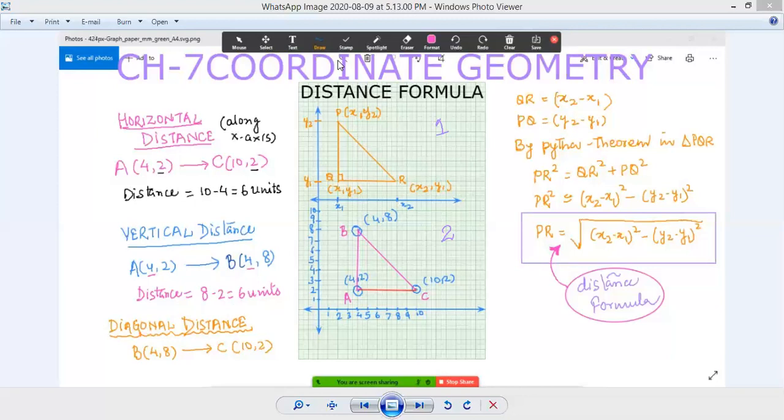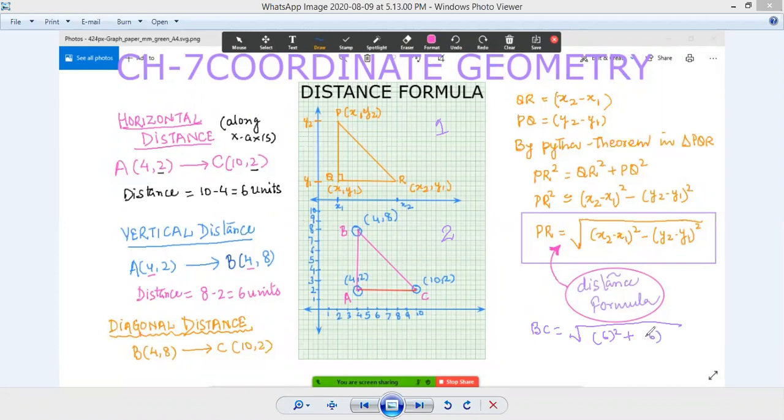Getting, children? So now we are able to calculate this distance BC by using the formula that you have derived, that is x2 minus x1 is 6 unit, so this is 6 square, and y2 minus y1 is 6 square again.